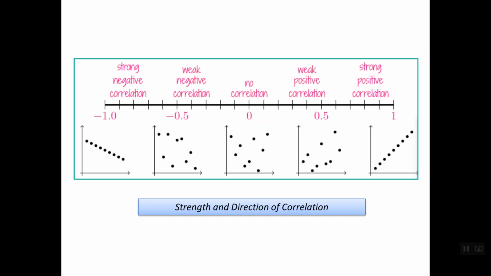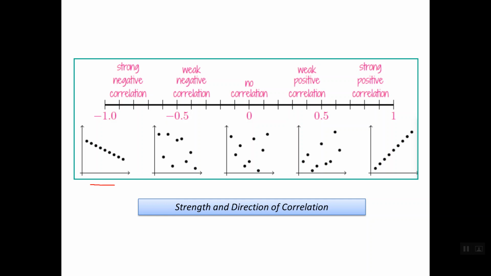Let's make a review regarding the strength and the direction of the correlation and talk about the Pearson correlation. In this figure, the correlation of the observations between x and y is complete.